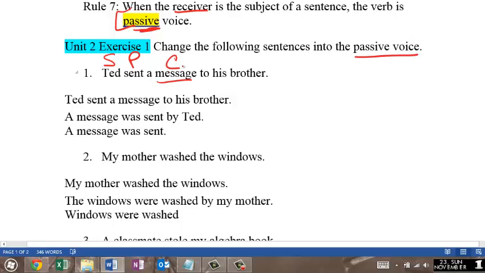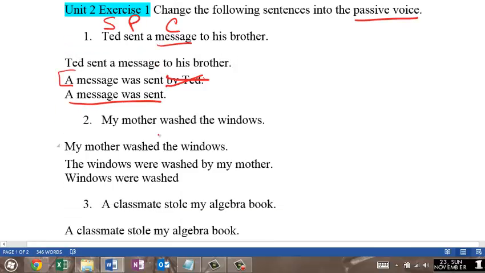To make it passive, you simply take the complement and place it in the subject position. So it would look like this. A message was sent by Ted. You don't need this portion here, by Ted, for your homework. If you simply write a message was sent, that is sufficient.